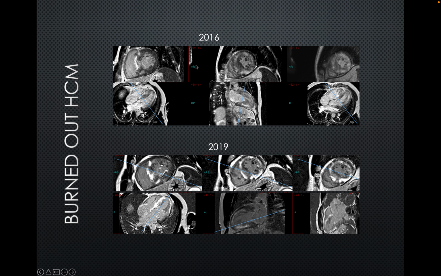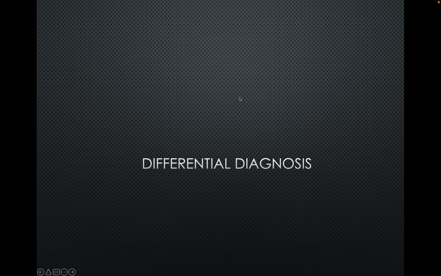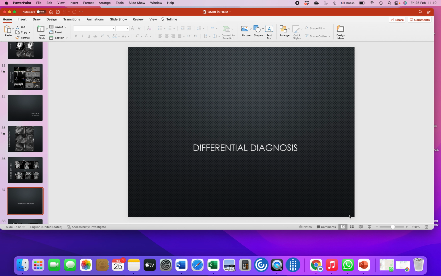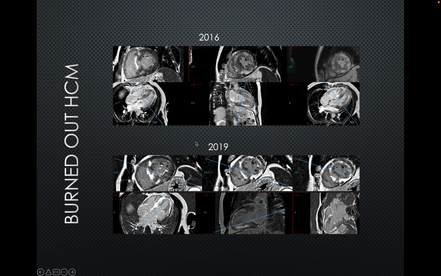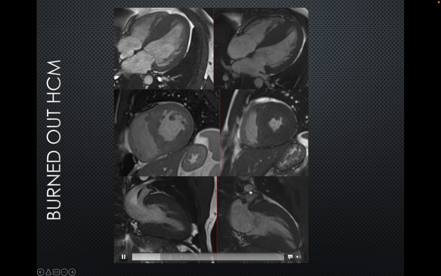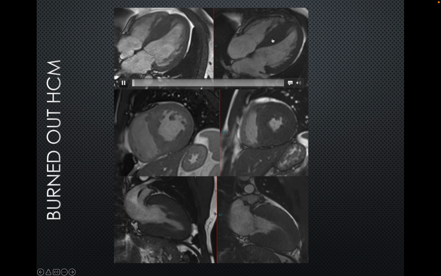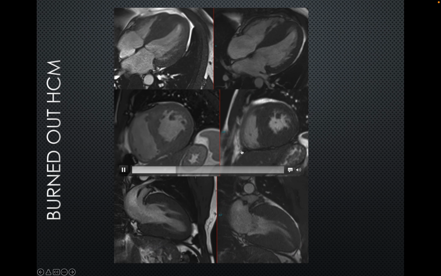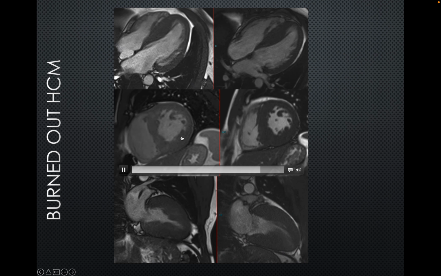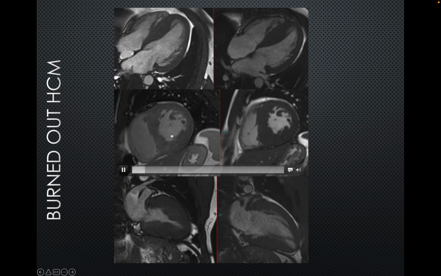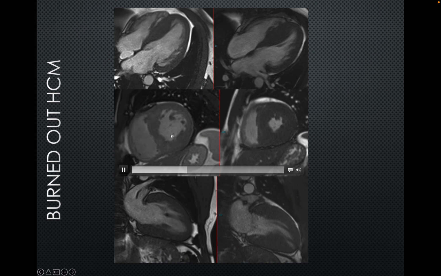This was the same case, and as you may see, the massive fibrosis in 2016 and 2019 is probably the reason why this patient experienced burned-out myocardium.